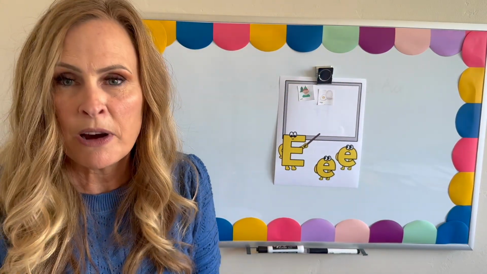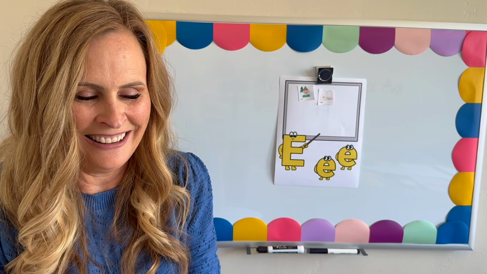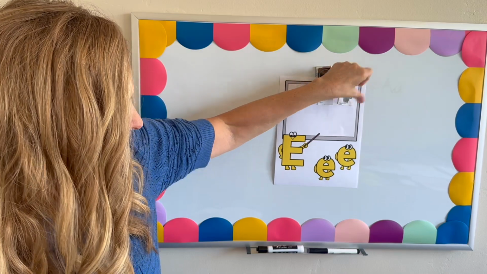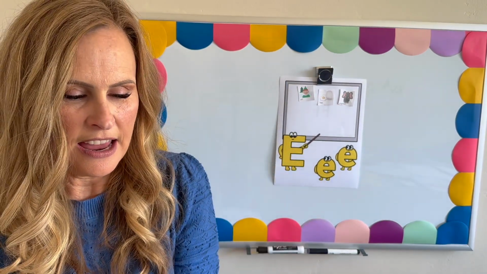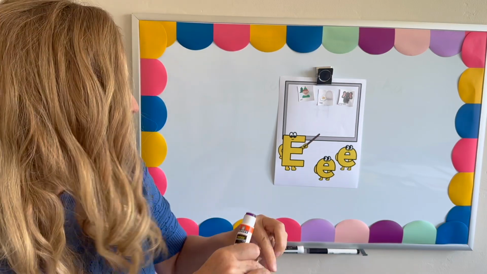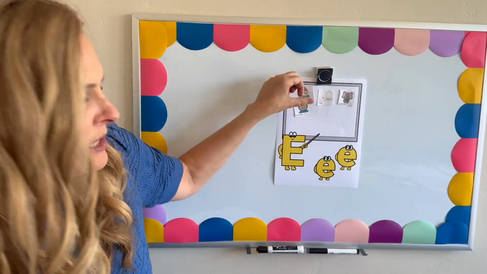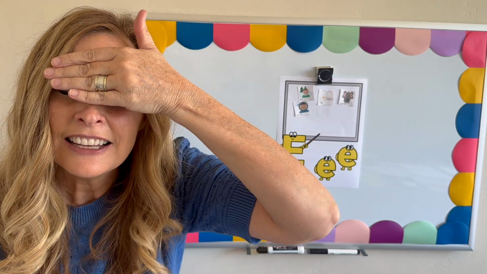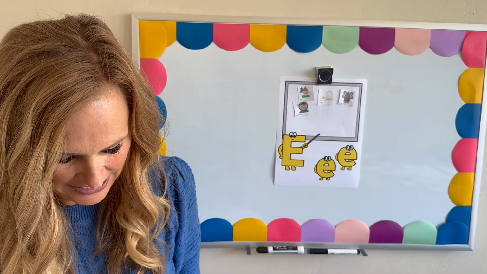Sorry, my dog is barking in the background. E says eh, like elephant. E says eh, like Eskimo. What's the other sound E makes? It says eee. E, that's right.